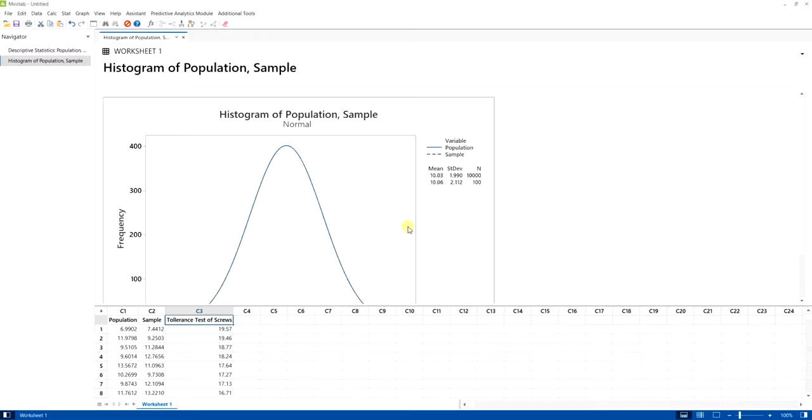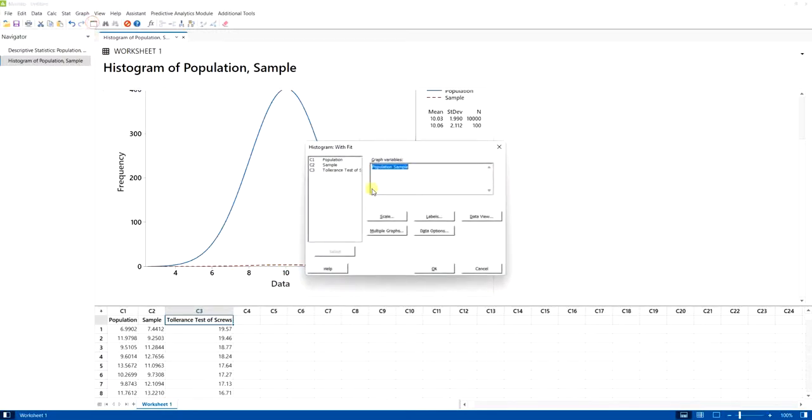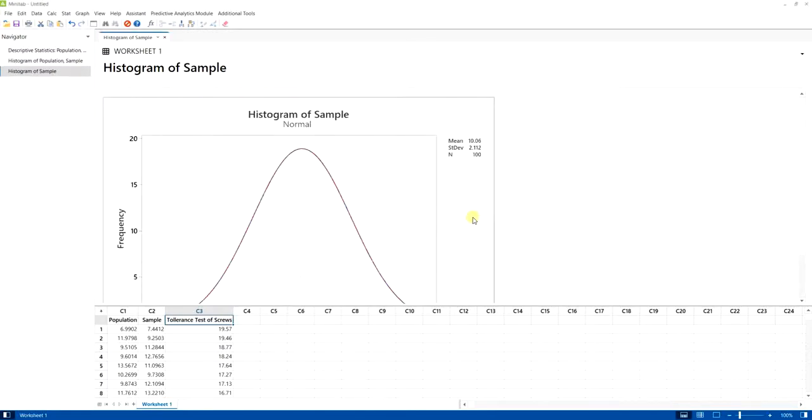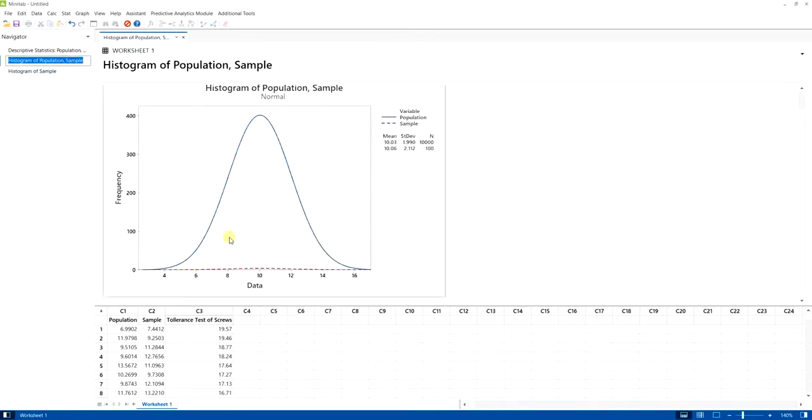In a practical scenario, this is our population data, and you can see the sample data is so small versus the population data. If I run this again only with the sample data, maybe you will be able to see it closely. Right, this is the sample data with only 100 points, but when we see the population data against the population, you can see this is very tiny.